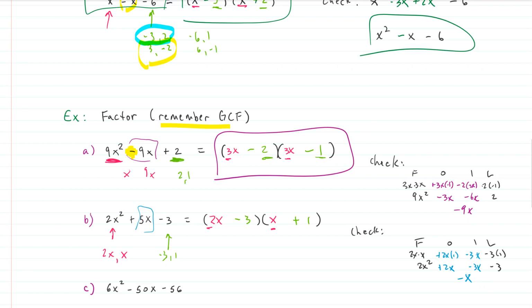So we need to rethink this. Well, what can we do? Let's flip the positive and the negative and see if that changes anything. So we will erase our checking of the inner and the outer, and let's change the positive and negative.